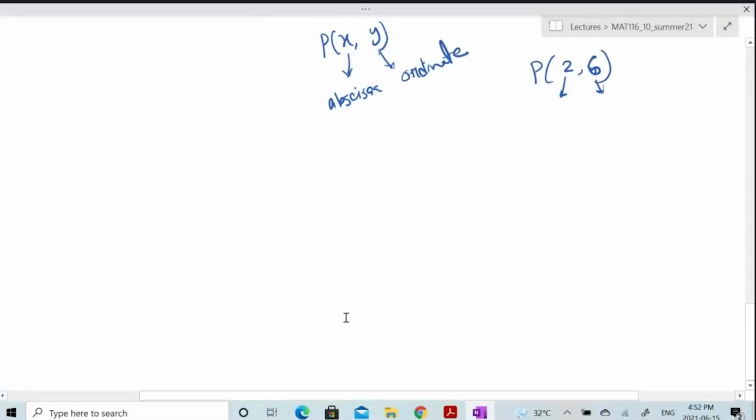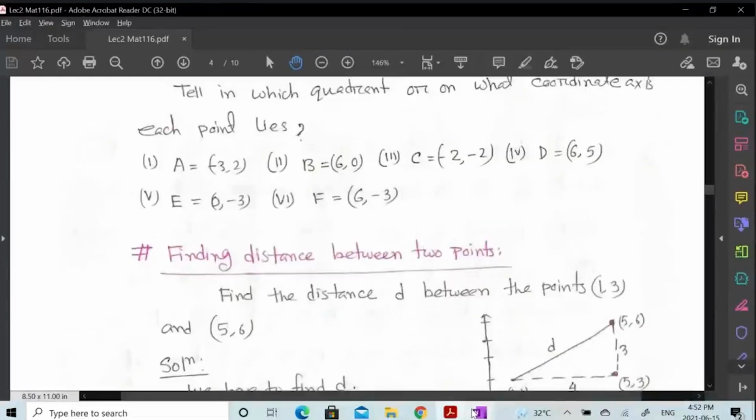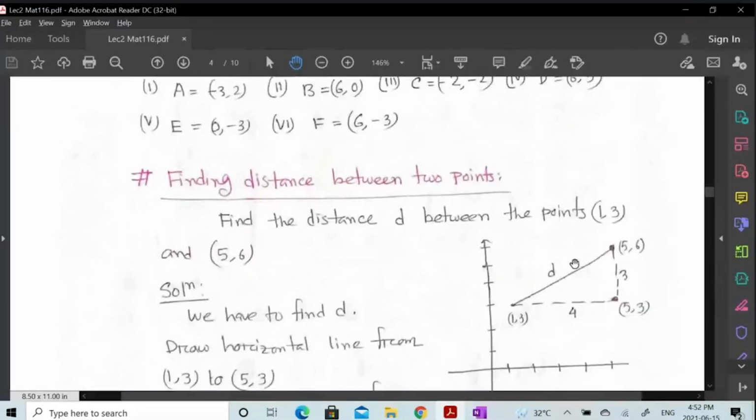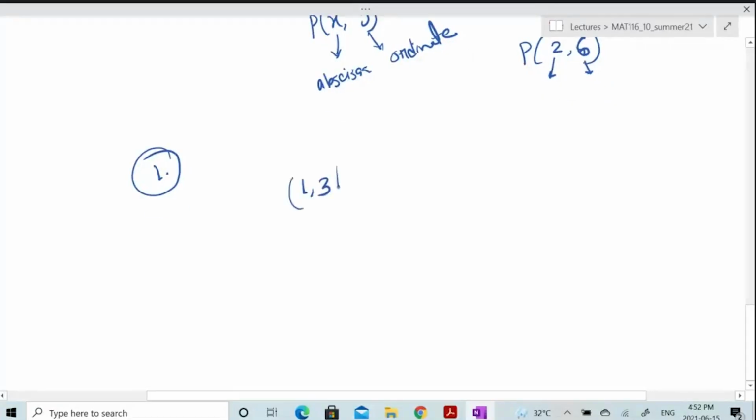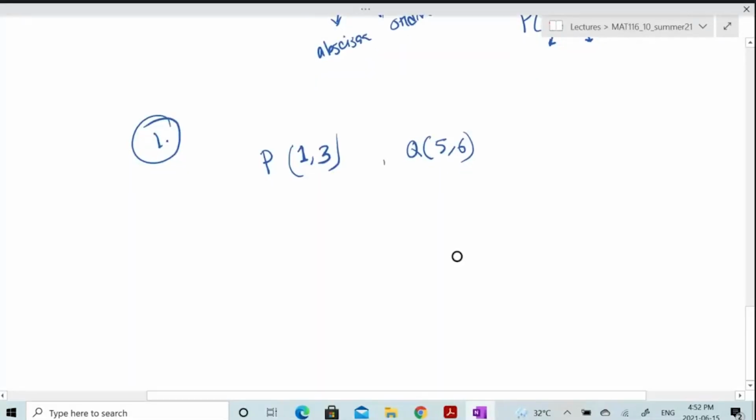Let's see, we use the same concept we have seen for the one-dimensional case. So we pick the same example: we have to find the distance between the points (1, 3) and (5, 6). The first task for us is to allocate them.